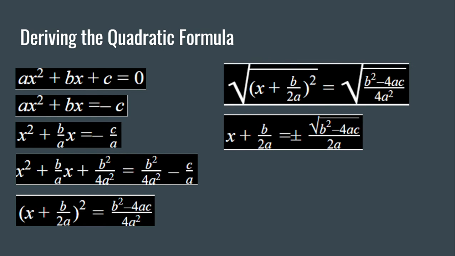On the left side of the equal sign, we're just canceling out the square and the square root. On the right side, in the numerator, there's nothing in there we can factor out or reduce because we have to take the b squared minus 4ac as a whole. Can't break it apart.